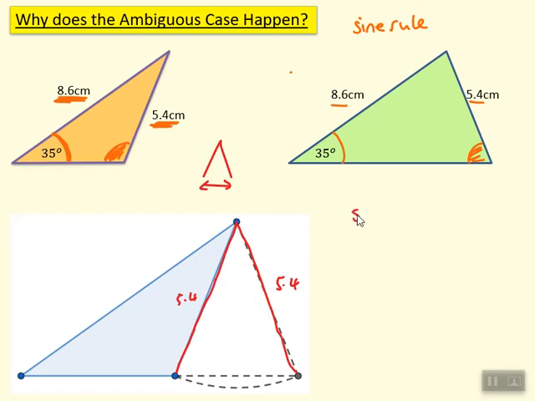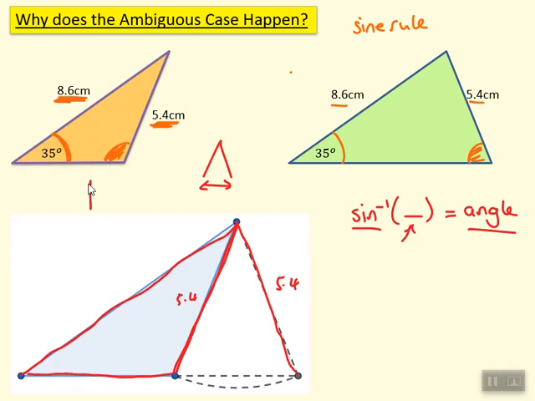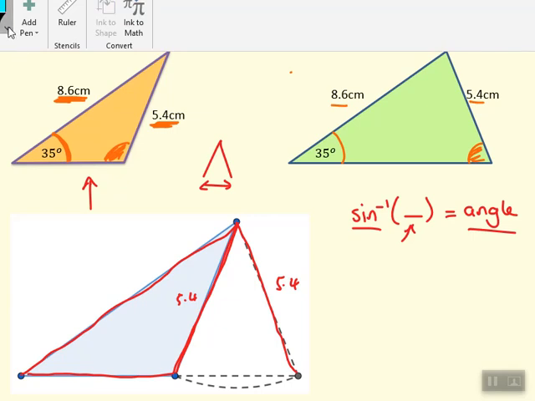Now this is what happens on the calculator. When you do sine to the -1 of something, it gives you an angle as the output. Okay, so whatever number you put in there, it tells you the angle that would have been in that corner. Okay, but the trouble is, if you look at this triangle here, this triangle on the left is this one. Okay, but the larger triangle, let me get a highlighter so you can see this.